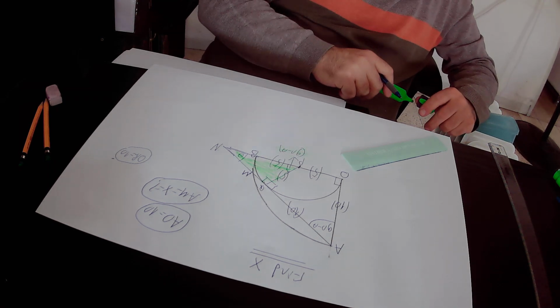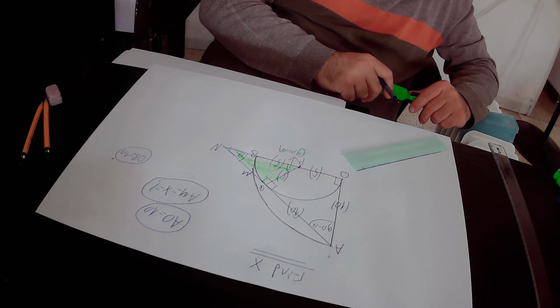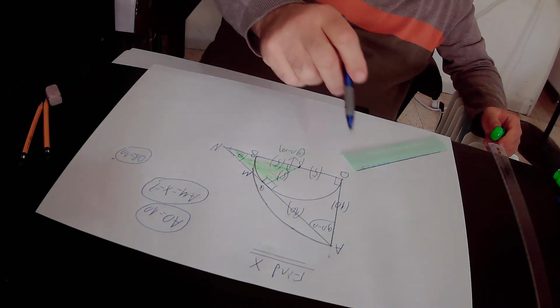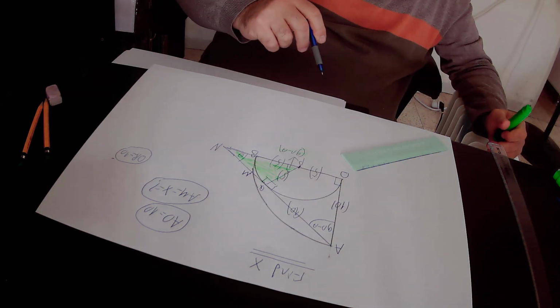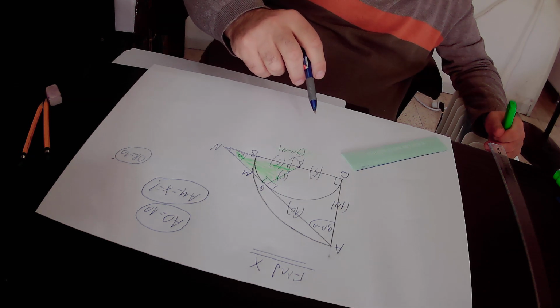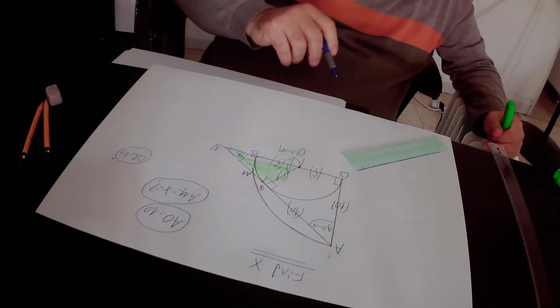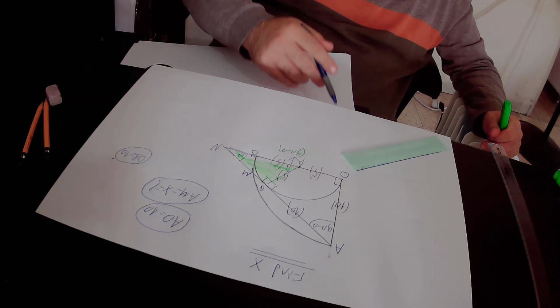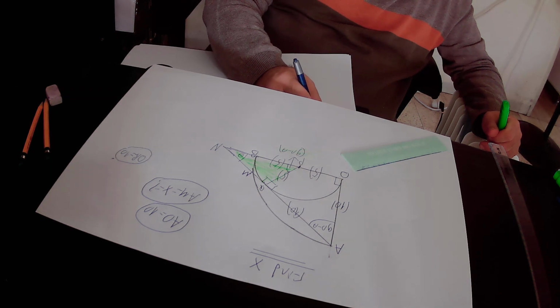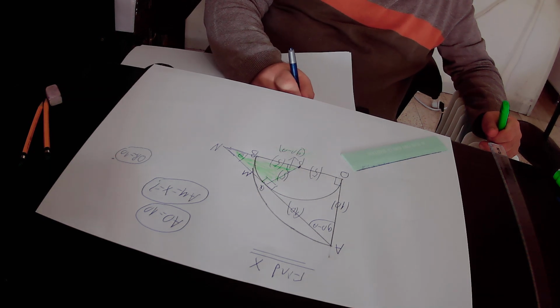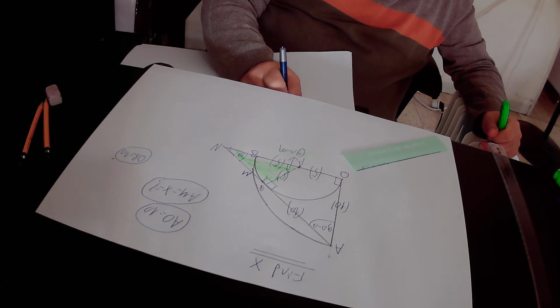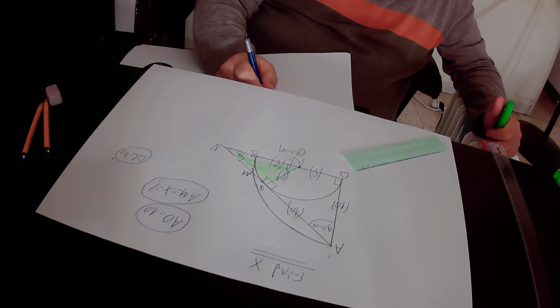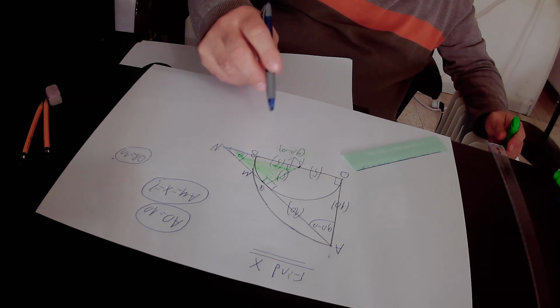In the next step, we will prove that the big right triangle, triangle AON, is similar to the small green right triangle PQN. So I write it down. The big right triangle AON is similar to the small green right triangle PQN.